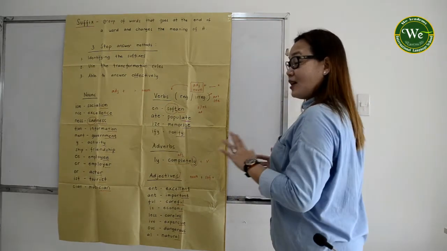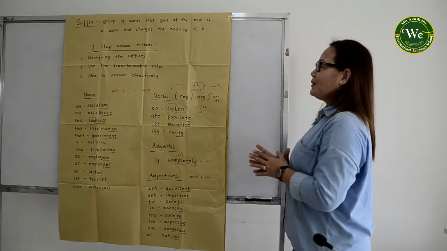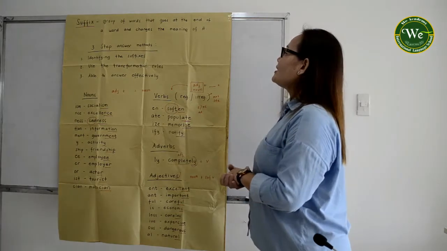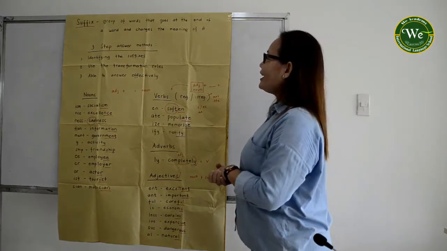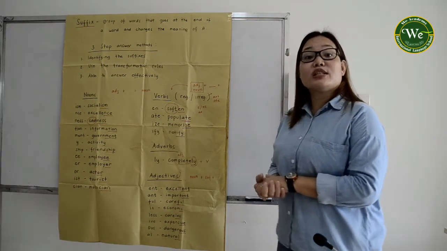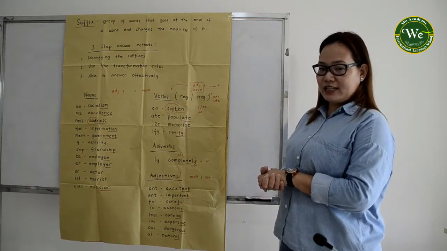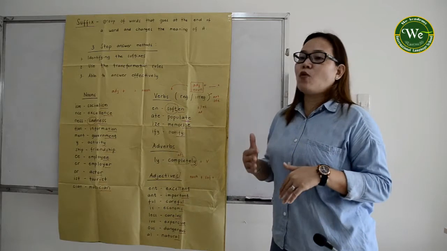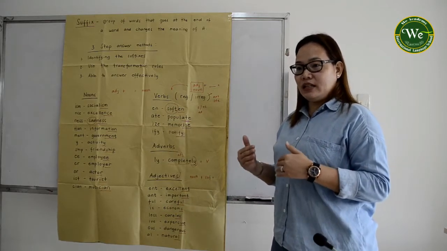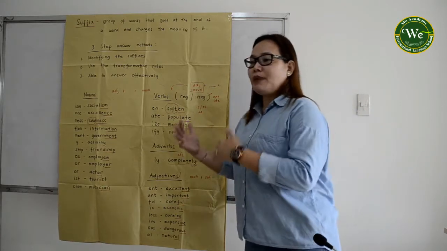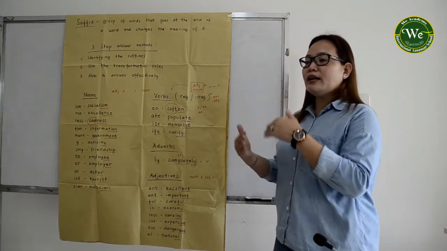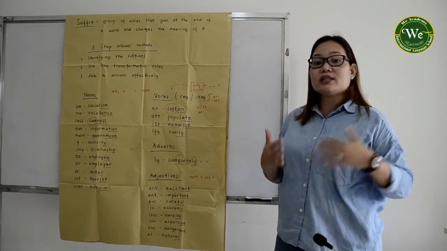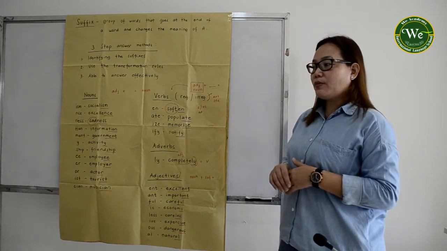Okay, so I'll start with the definition. Suffixes are a group of letters that go at the end of a word and change or transform the meaning of it. Okay, so when we say transform, it basically talks about how one part of speech added with a suffix turns into another part of speech.